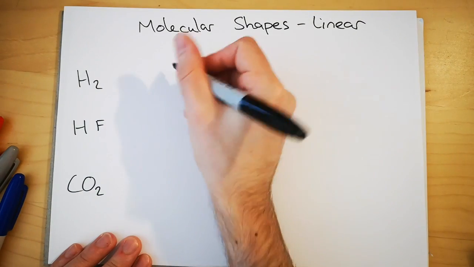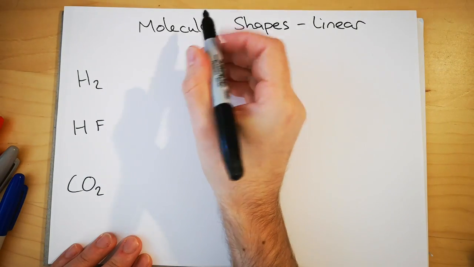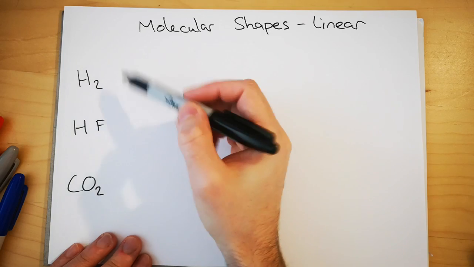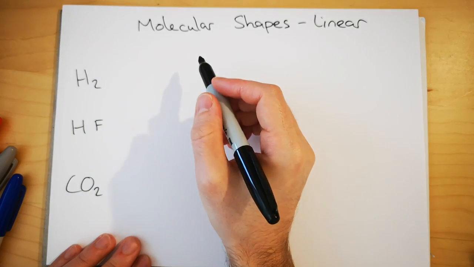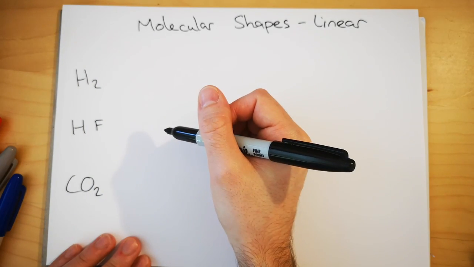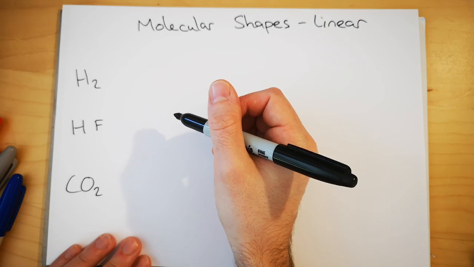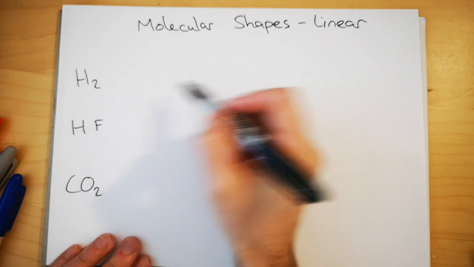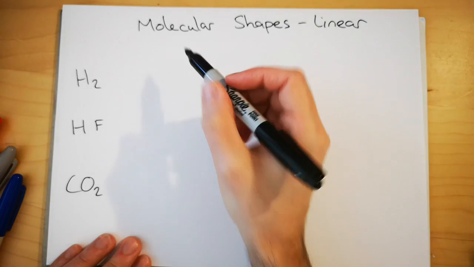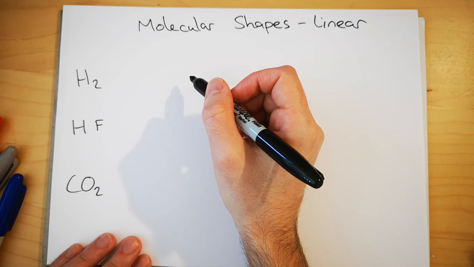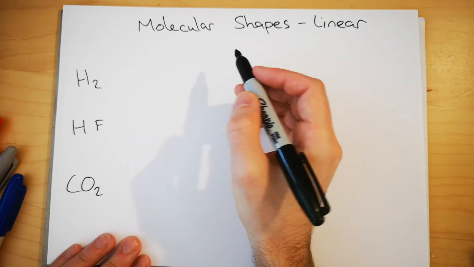So hydrogen as a molecule, and we'll talk about the diatomics a little bit later on, and we'll talk about naming a little bit later on as well. Once we've done this lesson, we'll do some naming, and that should help you get the naming nailed.